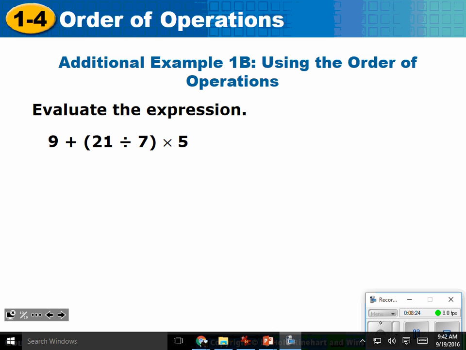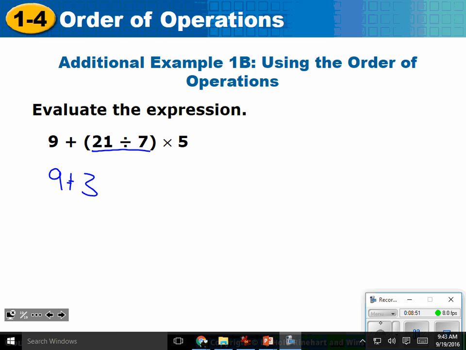What comes first in this problem? Why does 21 divided by 7 come first? It's in parentheses. So we go through our list. Please means parentheses. The first thing that happens is parentheses. So we're going to underline what we're going to do first, and then we rewrite the problem with that underlined part solved. So 9 plus, what is 21 divided by 7?